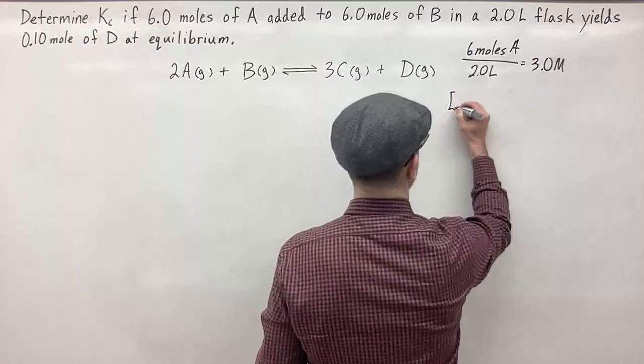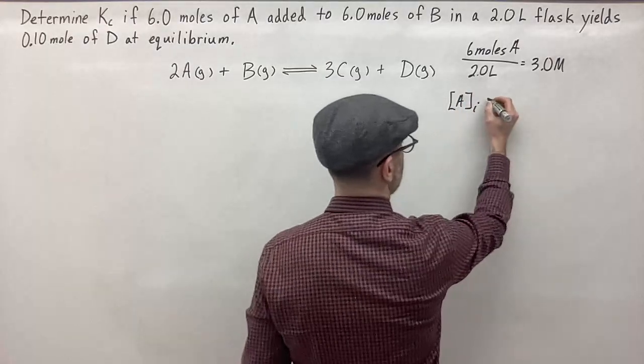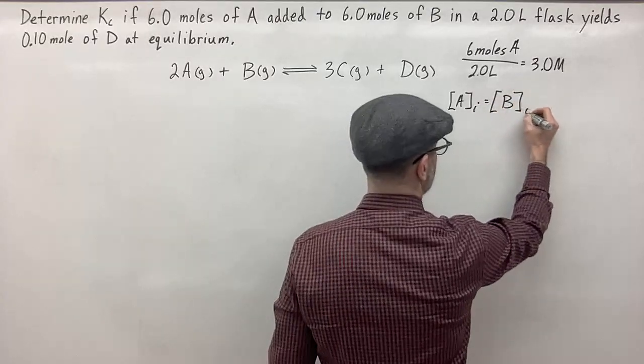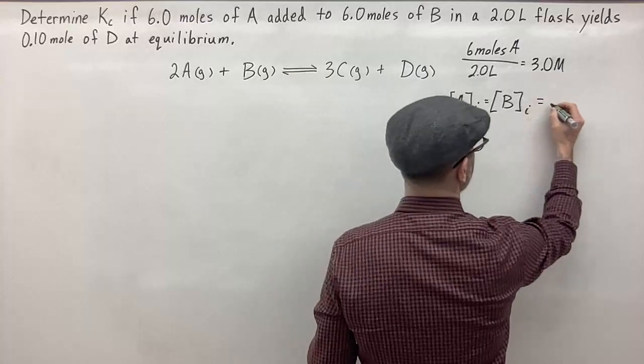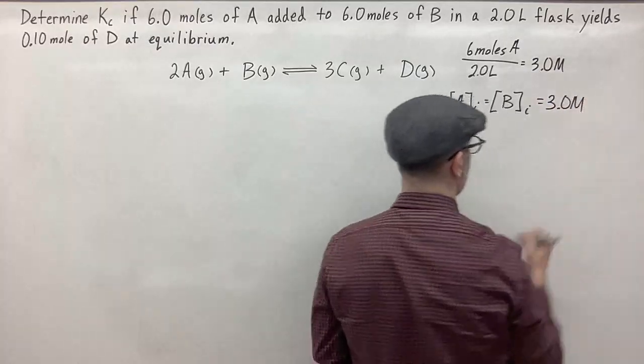So the initial concentration of A is equal to the initial concentration of B, and both are equal to 3.0 molar.